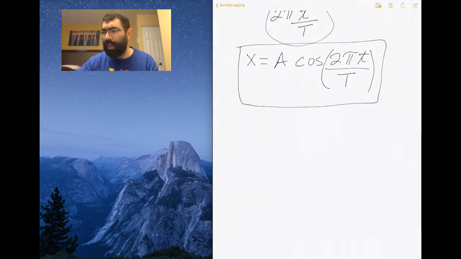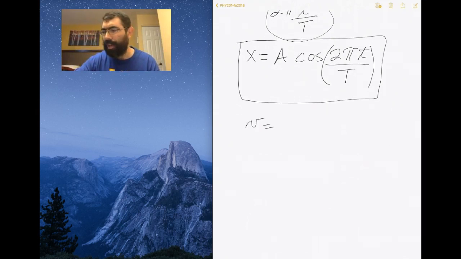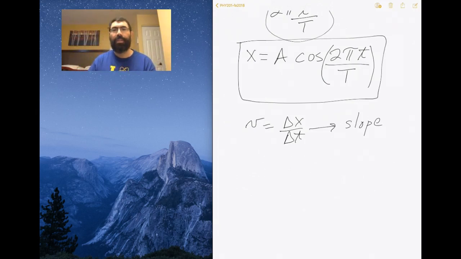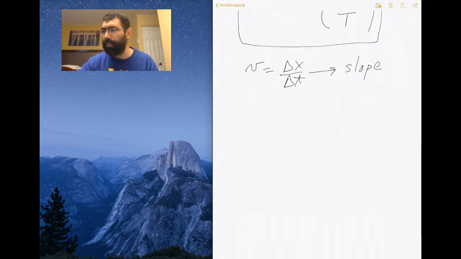If we want to look at the velocity, now it is going to be the change in the position with a change in time, which, if you remember from kinematics, is the slope of our graph. And so if we're plotting a graph of position versus time, it's the slope.